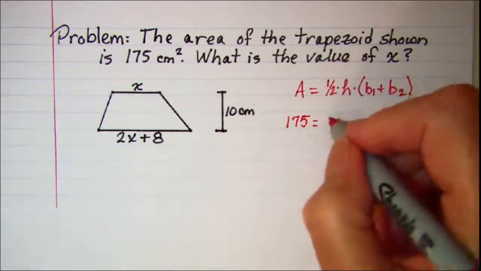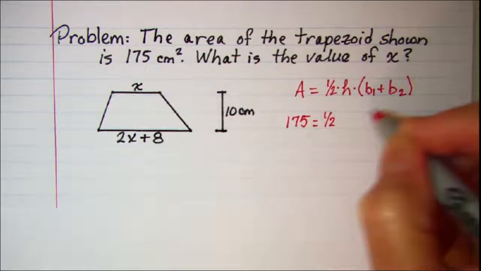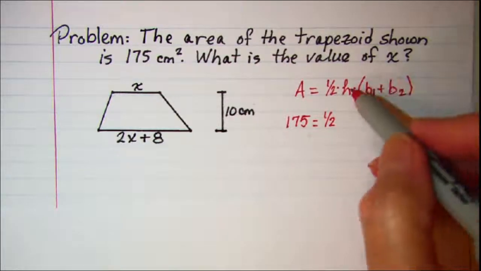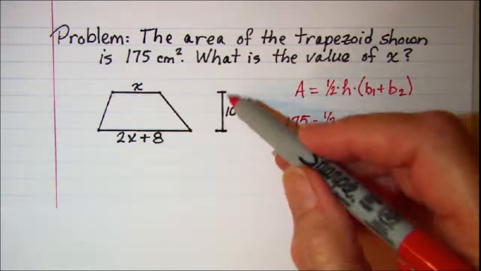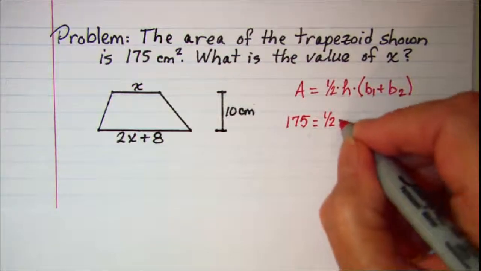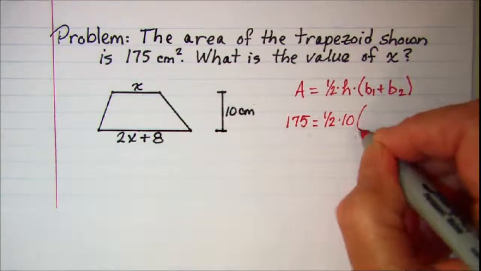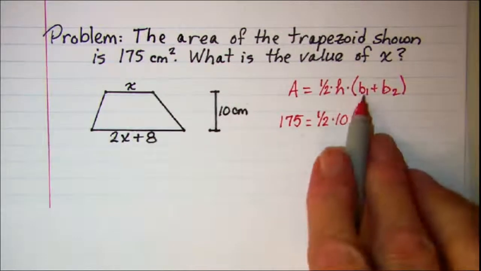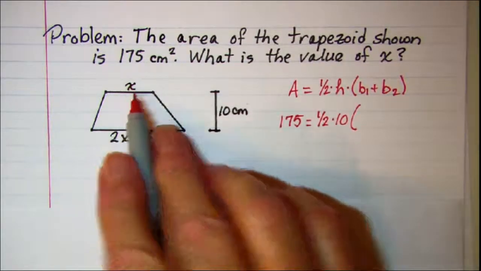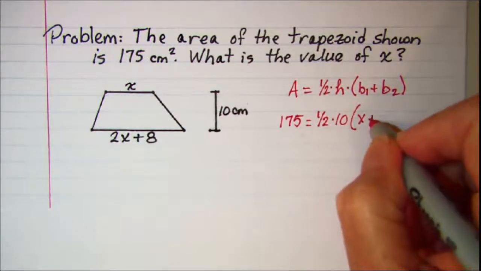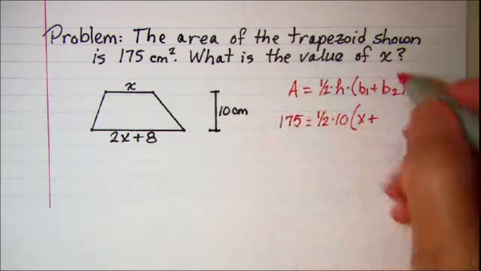The 1/2 is a numerical coefficient, so we'll just copy it. Our height is given as 10 centimeters. And then our sum of our bases is x plus 2x plus 8.